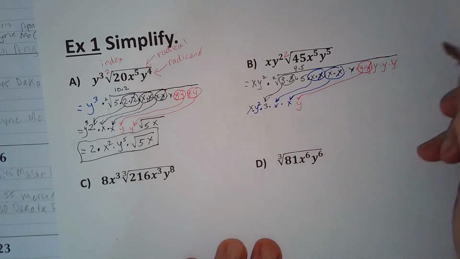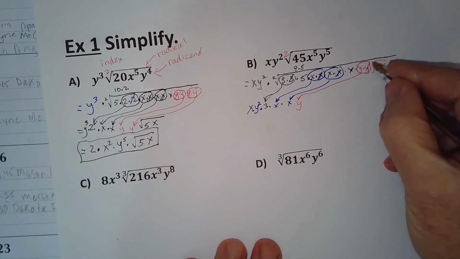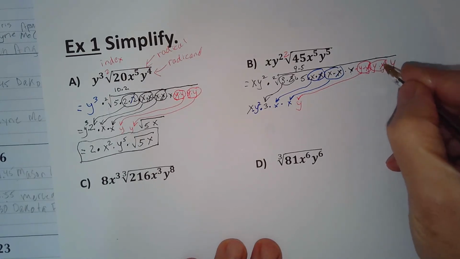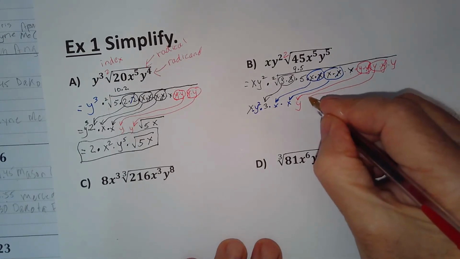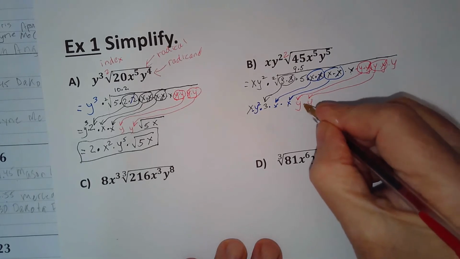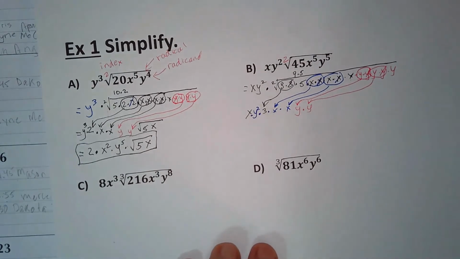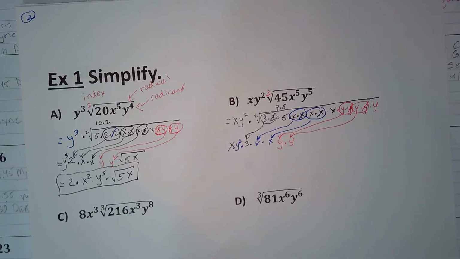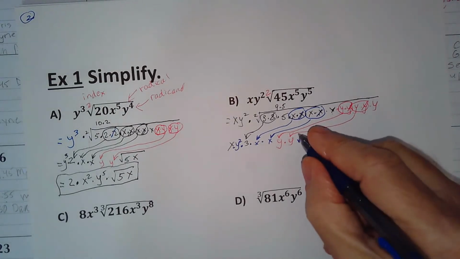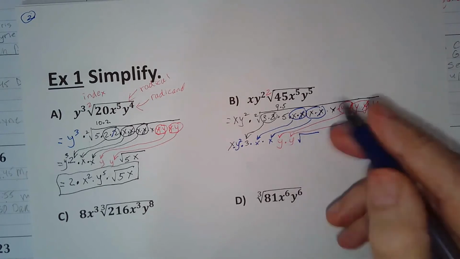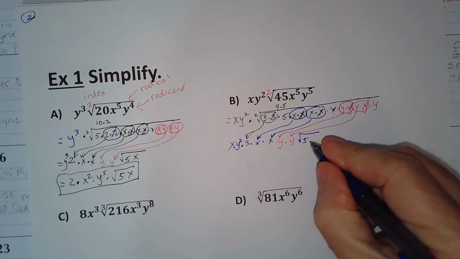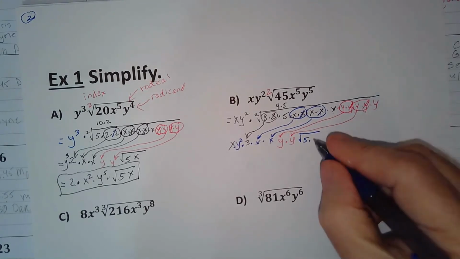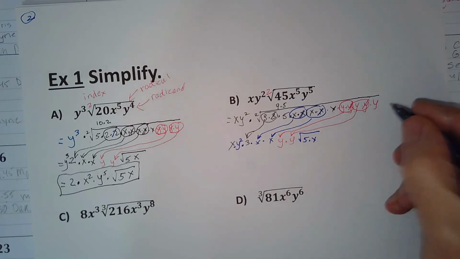So here's a y. And then I have another pair of y's here. One gets shot, the other one escapes. So I have another y. And then I have another y that's left in the radical. So I'm left with a radical. I've got a 5 times an x and a y.